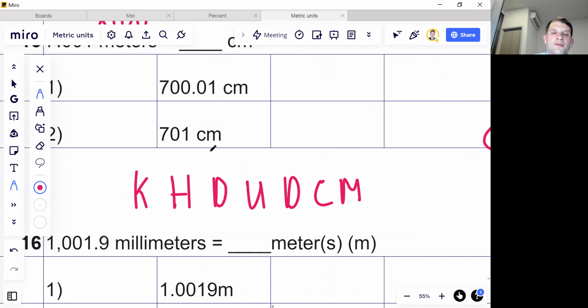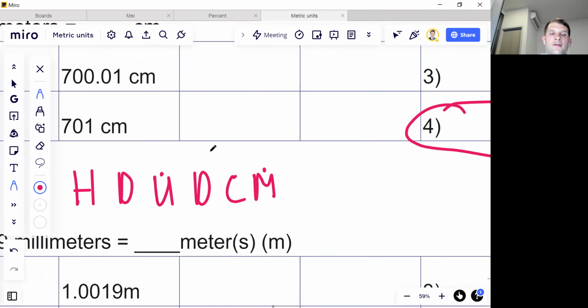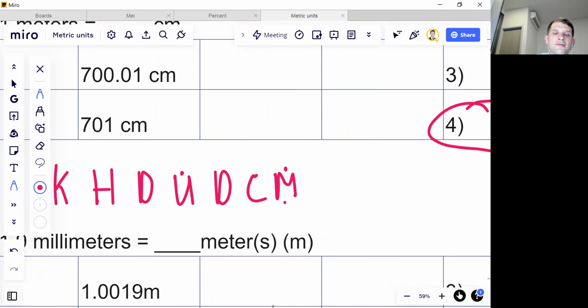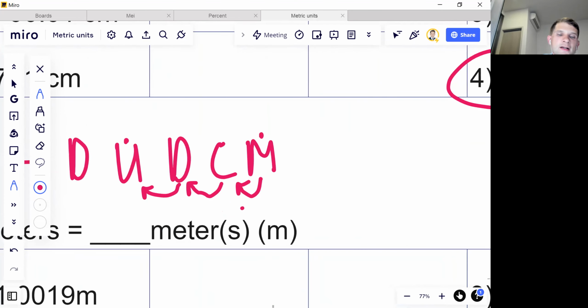In this case, we're going from millimeters back to meters, so I'm thinking fly to a horse, divide, of course. This is going to be divide by 10, divide by 100, and divide by 1,000. So we got 3 steps there.